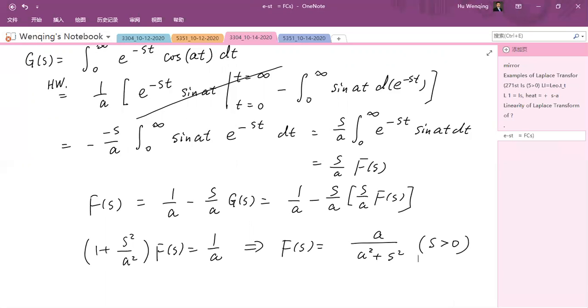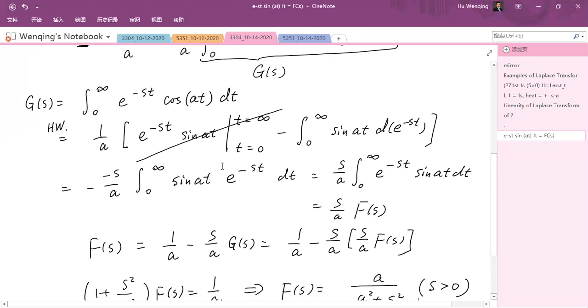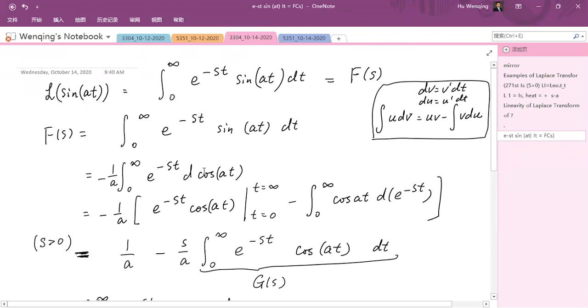Is that good, family? Okay, so you can see that the only complication in this problem is to do integration by parts two times, which I leave to you as a nice homework exercise.